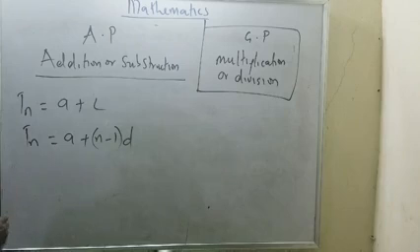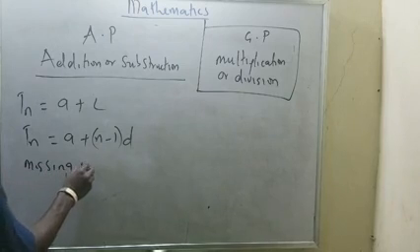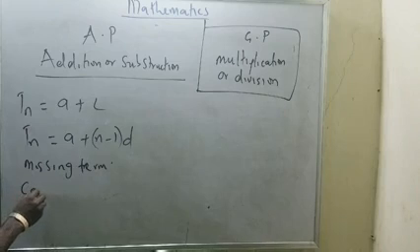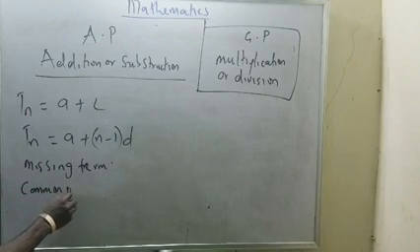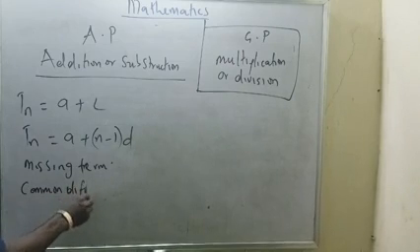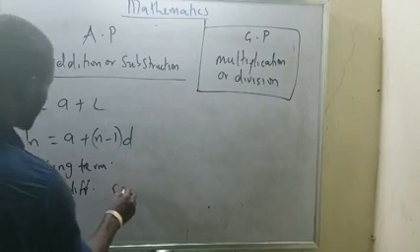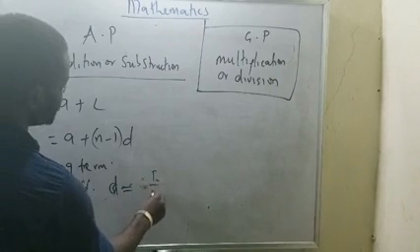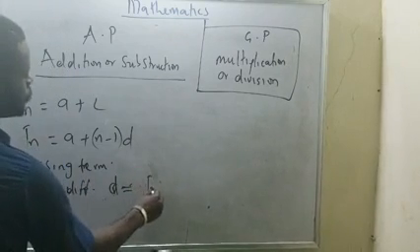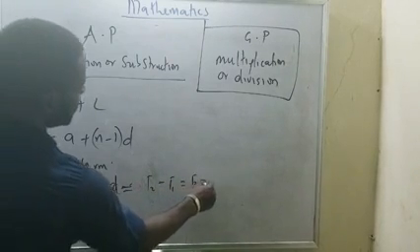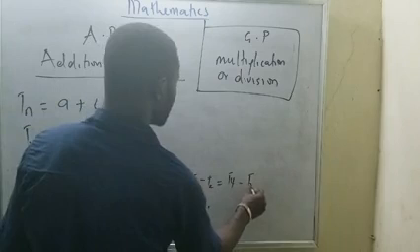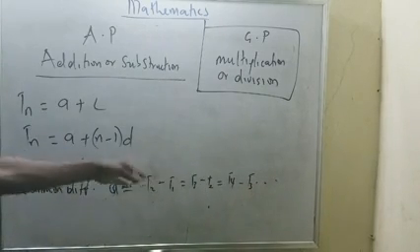I moved on to when we have a missing term. I told you that you will use your common difference, which I said D equals T2 minus T1 equals T3 minus T2 equals T4 minus T3, and so on, which will lead us to simultaneous equation.